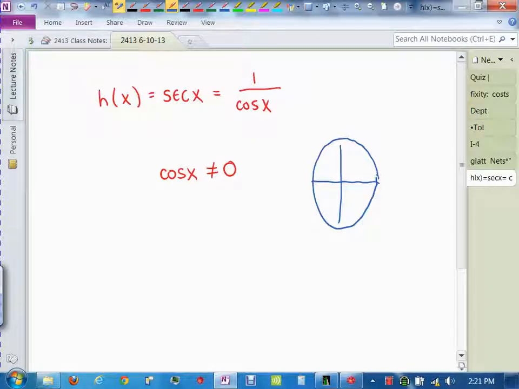Raise your hands. That's it? Okay. Then I suggest that you put that as a note for yourself to get help with or come to me before class. It would only take about 10 minutes to show you how to read trig functions off a unit circle. But it's vital that you can do that in this class. And you want to get to a point where you don't even need it in front of you, where you kind of just see the unit circle in your head, and you can do it.